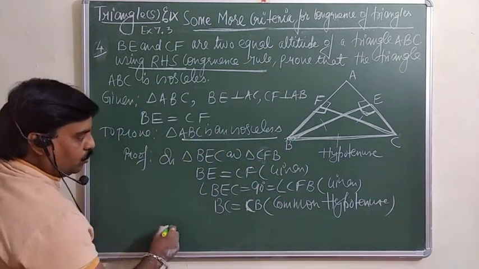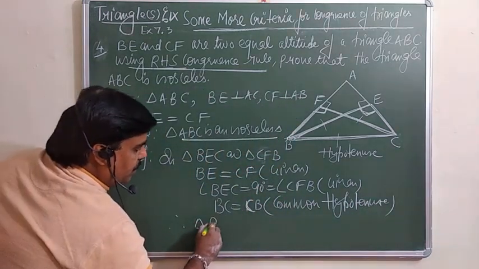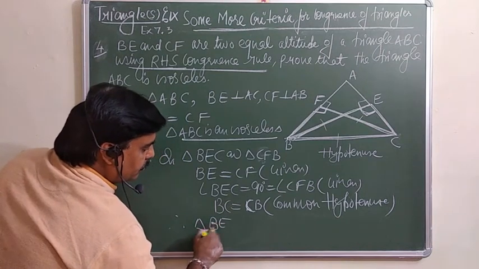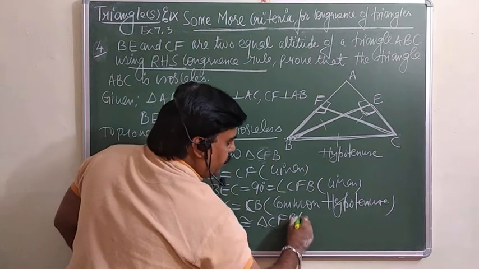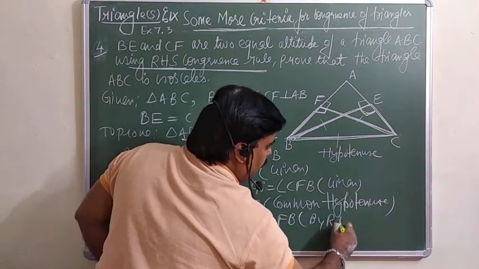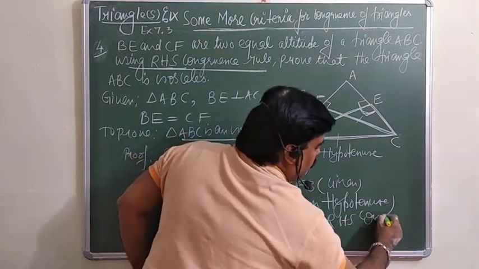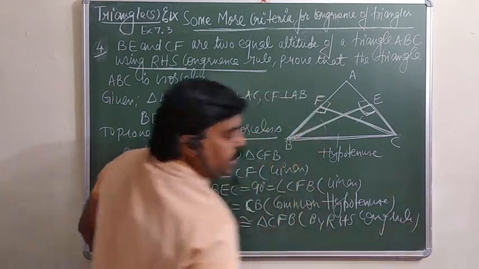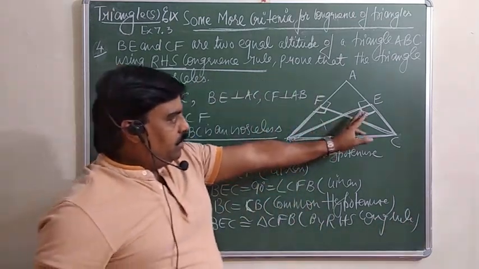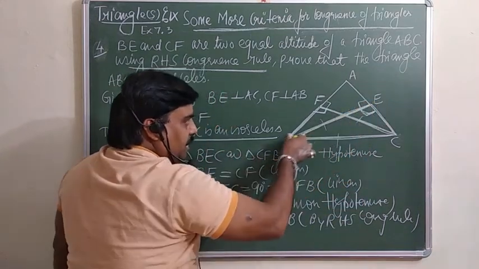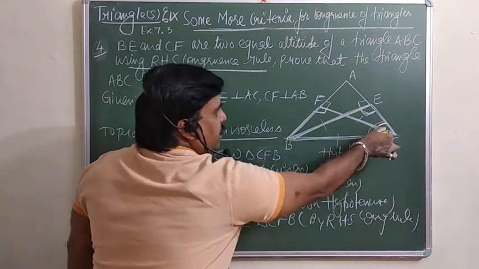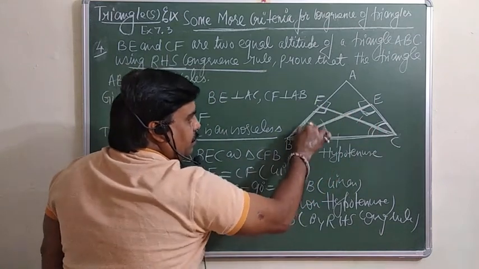So therefore you can say the triangle BEC is congruent to triangle CFB. This is by RHS congruence rule. And once they are congruent, then the equal sides, opposite BE side angle C and CF side angle B will be equal.